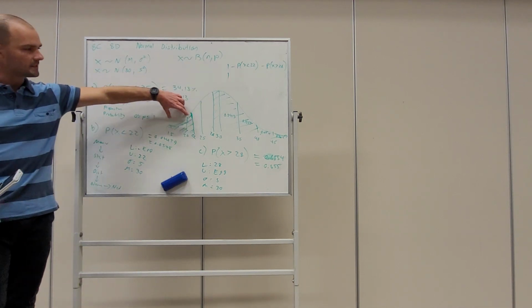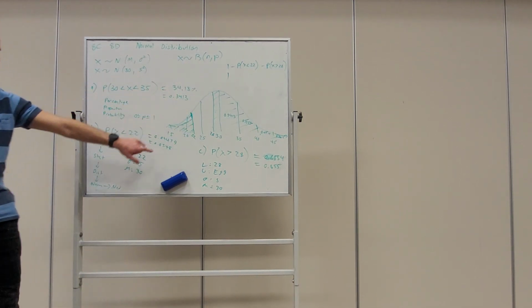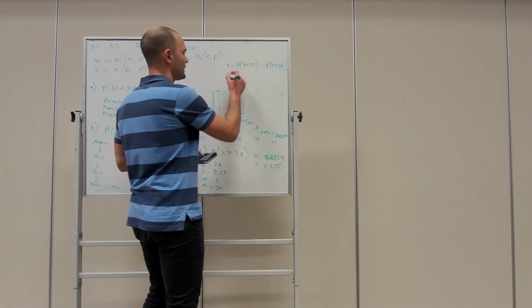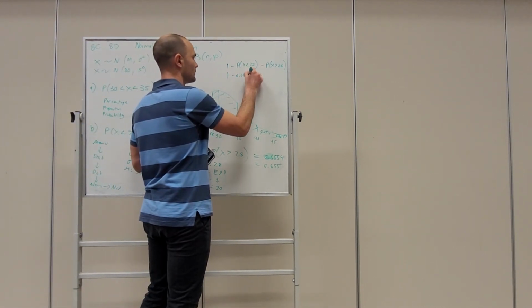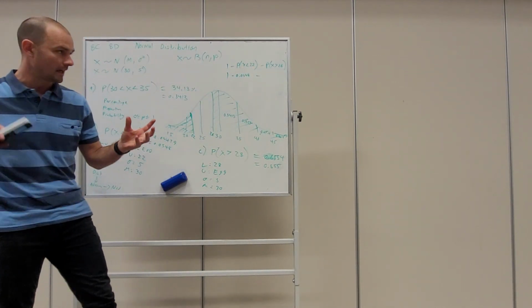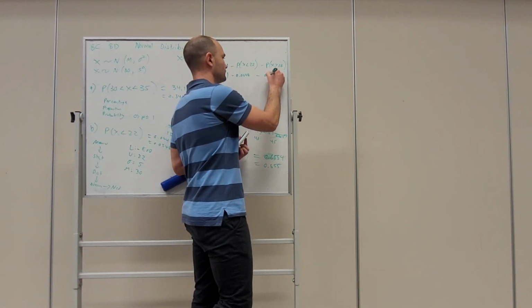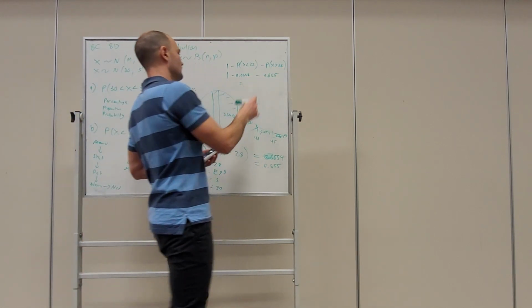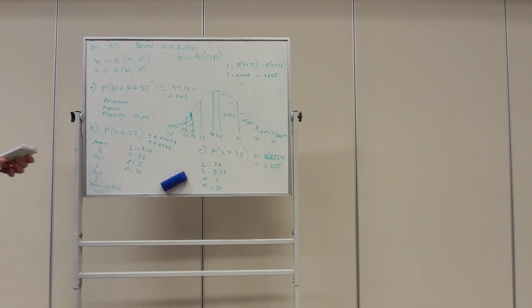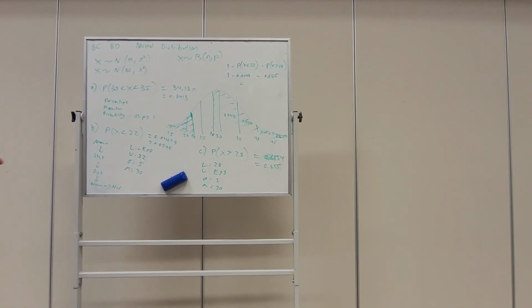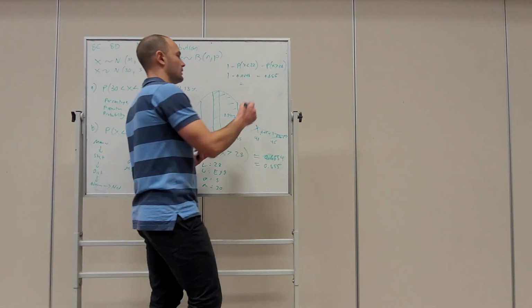Take away this event, probability of x being less than 22, we saw was 0.0548. And then take away the probability of being larger than 28, we saw was 0.655. Okay, so if we evaluate that, we're going to get 0.2897.